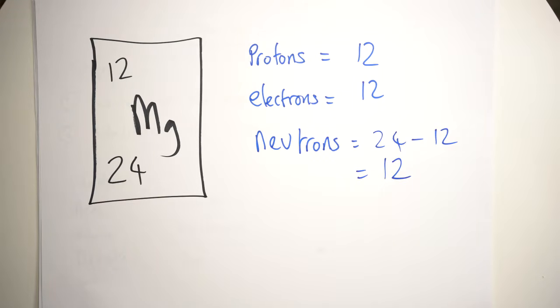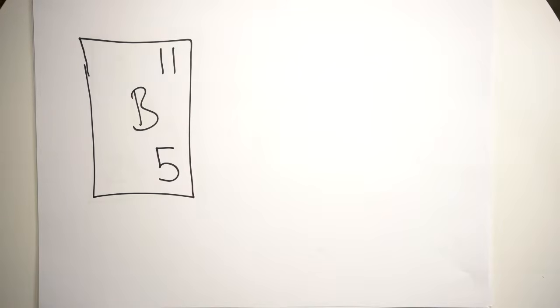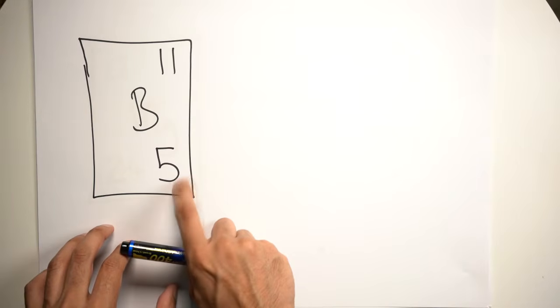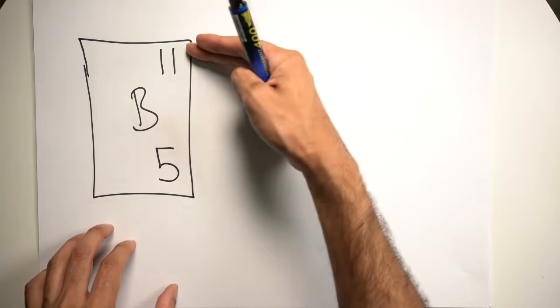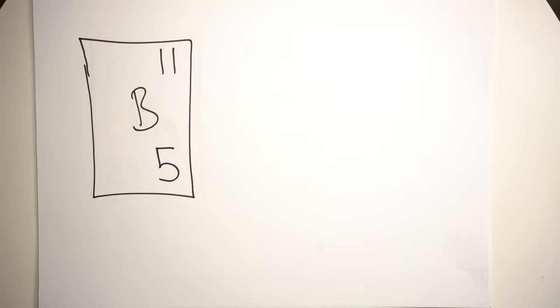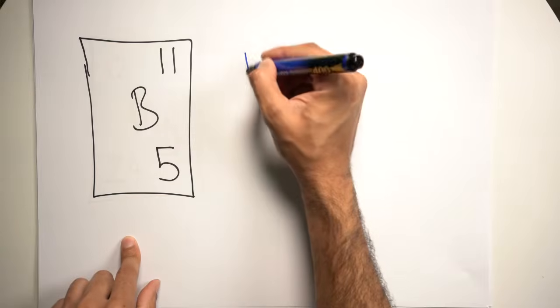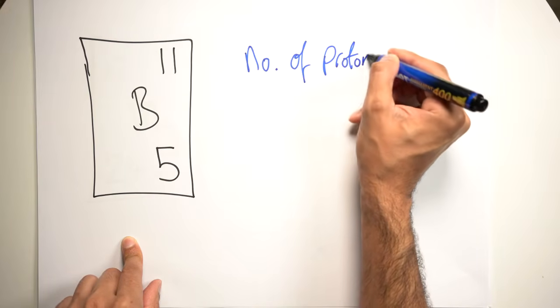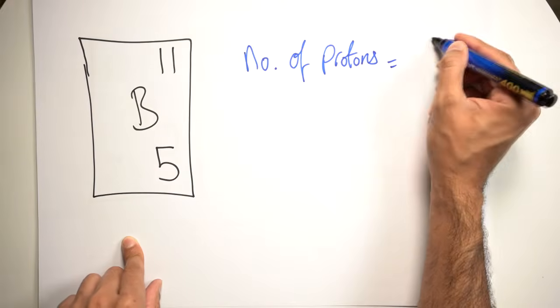Let's have a look at one last example. So now we have boron, and we've got 11 and 5. Now remember, this time the atomic number is down here. It's not always at the top. So don't think, oh, because it's at the top, it's the atomic number. Always look for the smallest number. So number of protons is going to be 5.